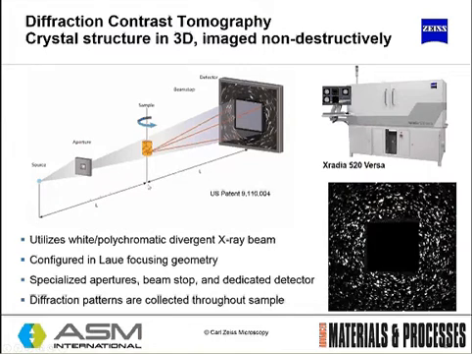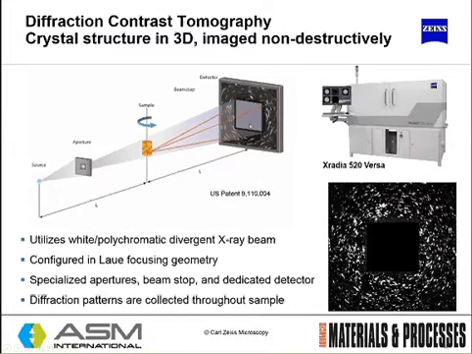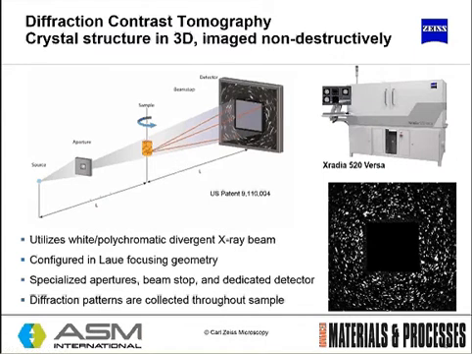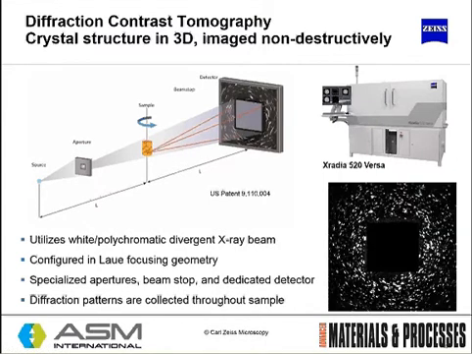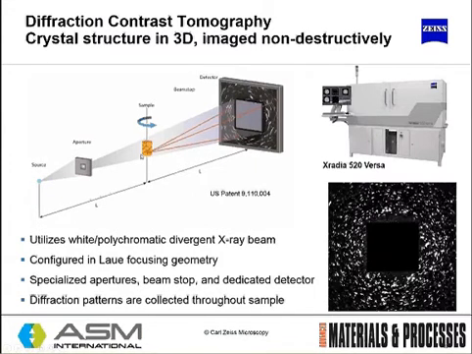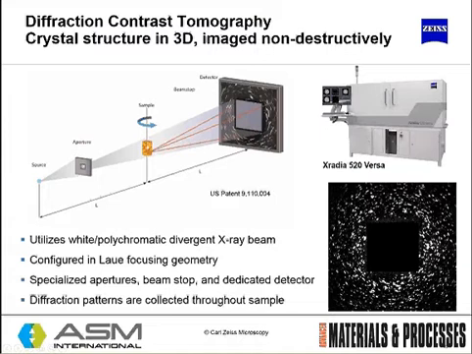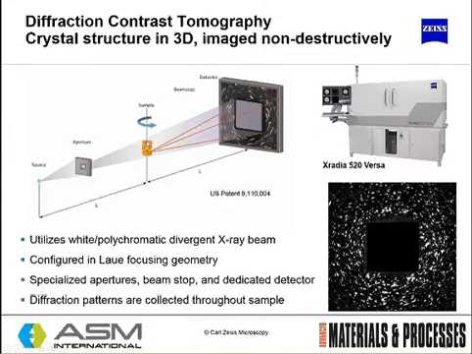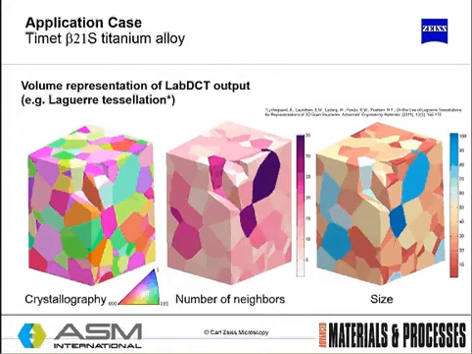The sample is critically equidistant between the source and the detector, which allows the algorithms to identify precisely the crystallography and diffraction patterns. And the sample itself is rotated while being moved through that beam in order to generate an image in 3 dimensions.